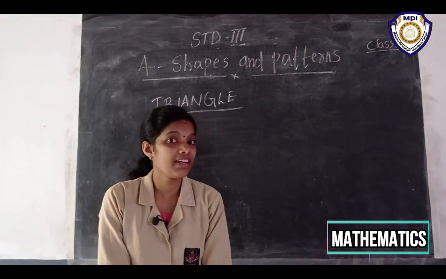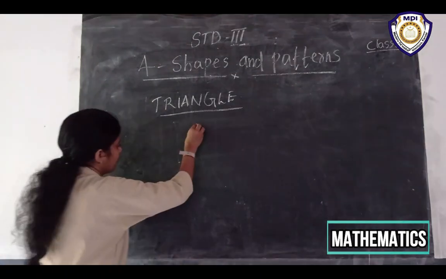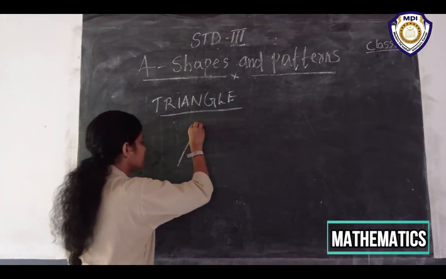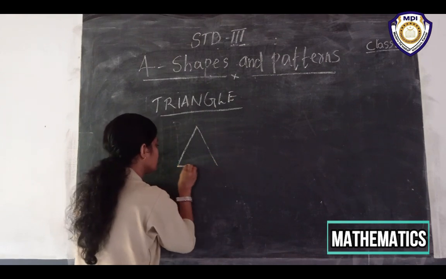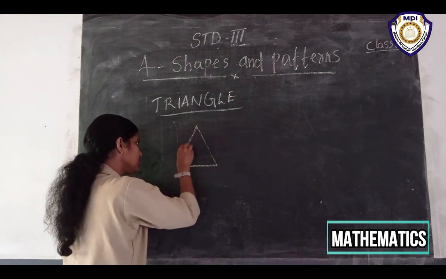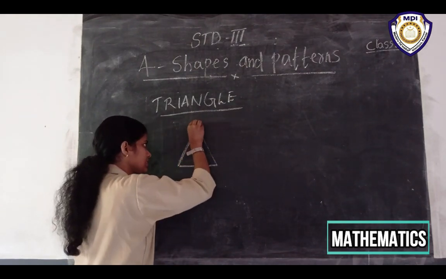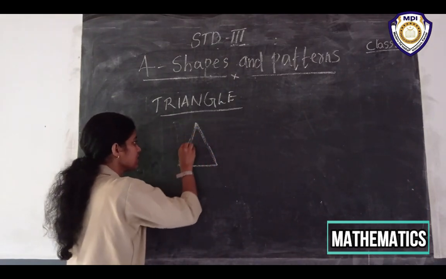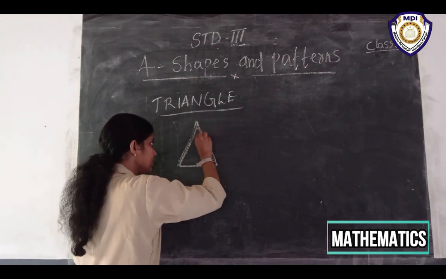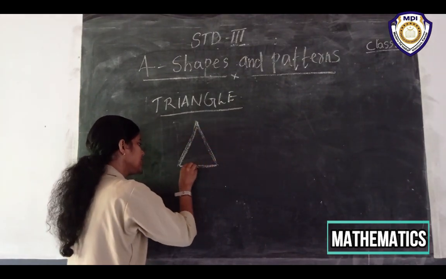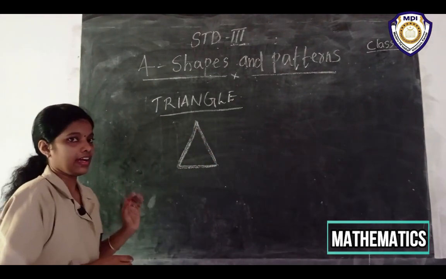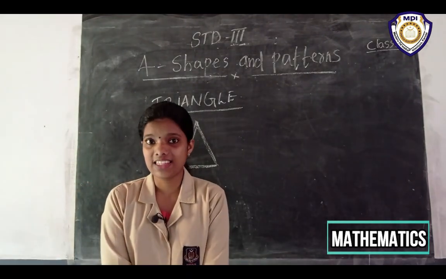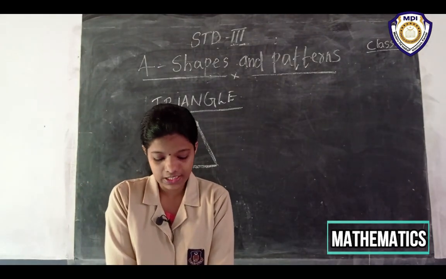How to draw a triangle? This is the shape of a triangle. Triangle has 3 sides and 3 vertices. Okay.